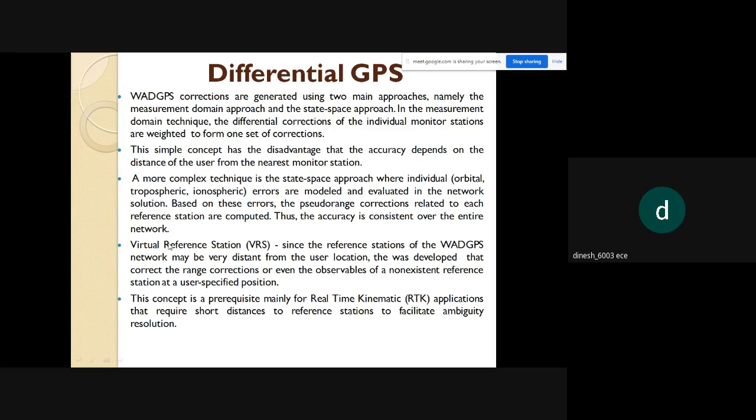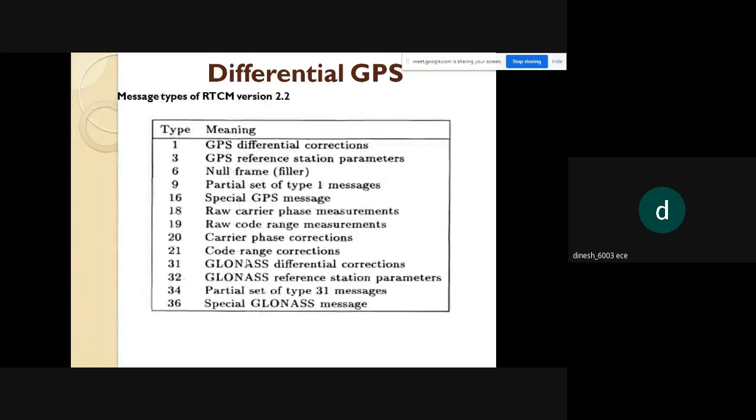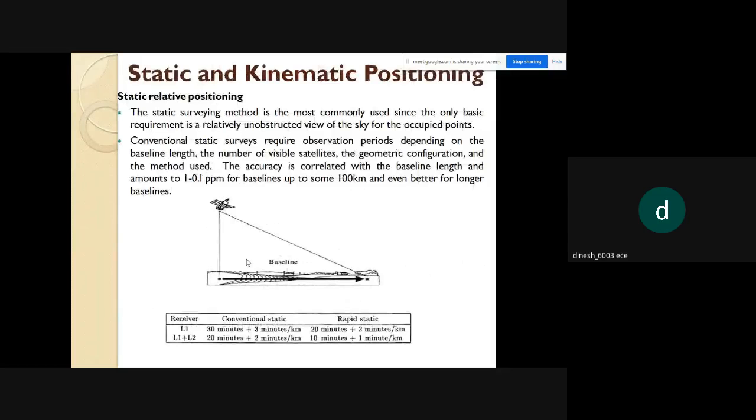Next is the virtual reference station. Here I can show you a virtual reference station. We have a base, baseline X, and a rover X here, which is in motion. This is the satellite, which is monitoring all the activities and giving the information that we require.